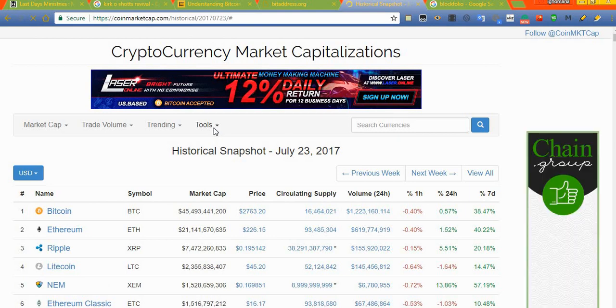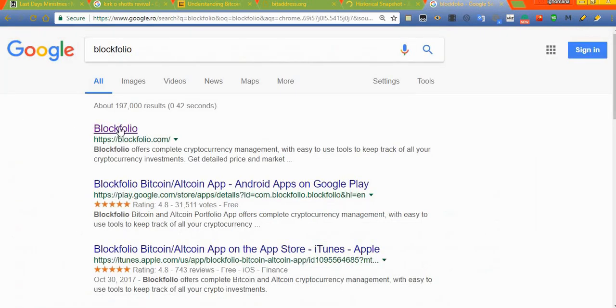So you can say to yourself, I want to get in at any amount, let's say 4,000, 3,000. Now you have an exit strategy, because with an app like Blockfolio, you can track the price of any cryptocurrency, Bitcoin, and the rest of them.